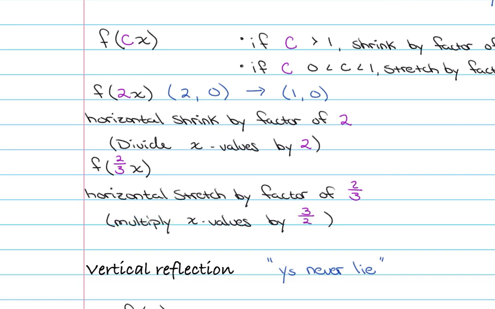Okay, we are multiplying by the reciprocal. So I'm going to once again start with (2, 0). But if we multiply by 3 halves, that ends up being (3, 0). So we're stretching it out. Okay. That is horizontal stretch and shrink.